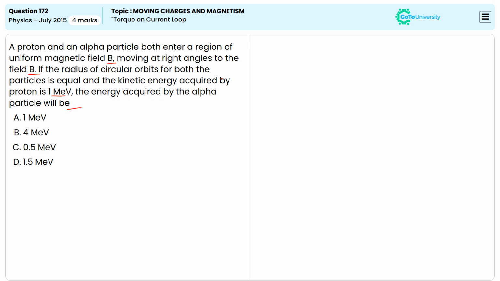Here, when any charge enters a magnetic field, the radius becomes R = mv divided by qB. We can write this in another format, like P divided by qB, or under root of 2mK divided by qB.